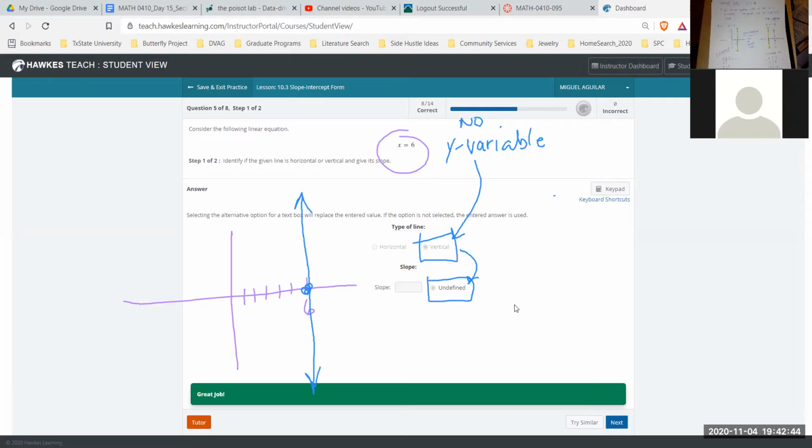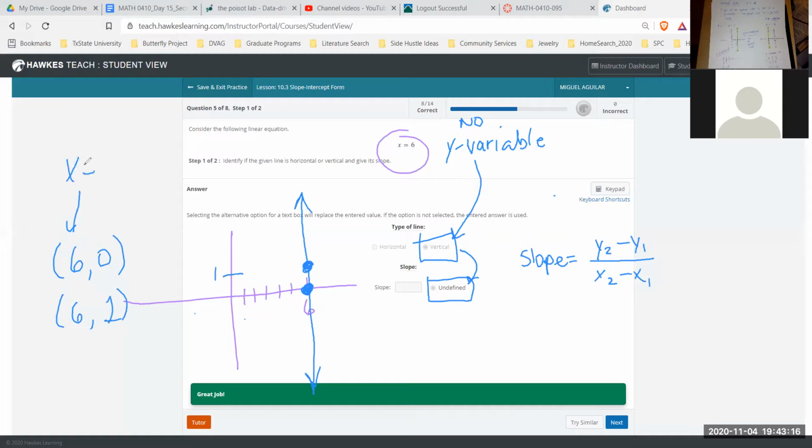Let's think about that for a second, right? We said that we can find the slope if we have 2 points, y2 minus y1 over x2 minus x1. So like I said, we have this point right here at 6, 0. That's fine. And then we said we could go to 6, 1. That would be fine too, as long as the x is equal to 6.